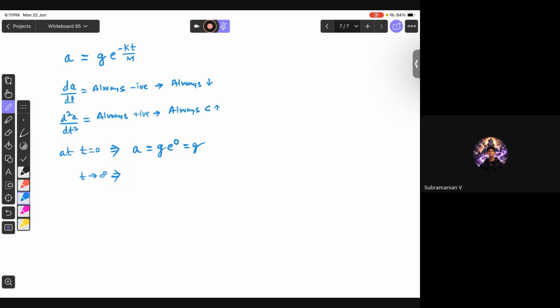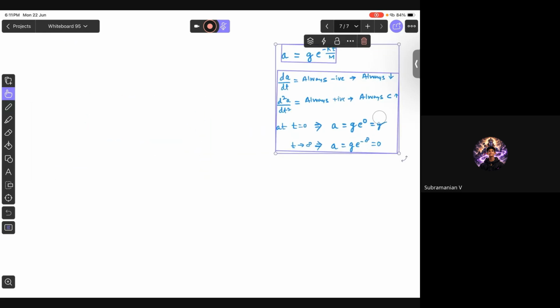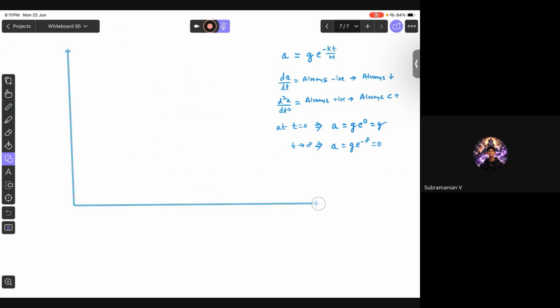So acceleration will be 0. A will be g into e power minus infinity, which is 0. So what really happens here is that the starting acceleration is g. Then it decreases, and after long time, it becomes equal to 0.